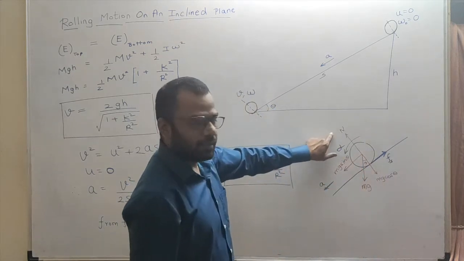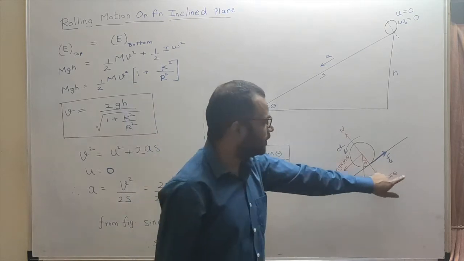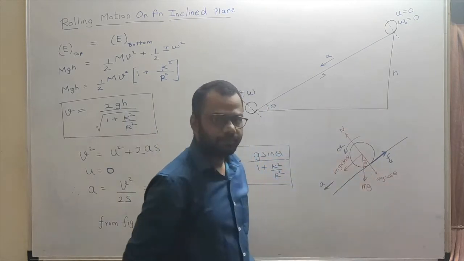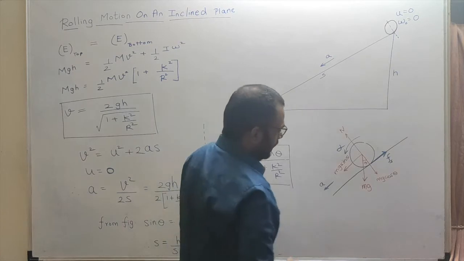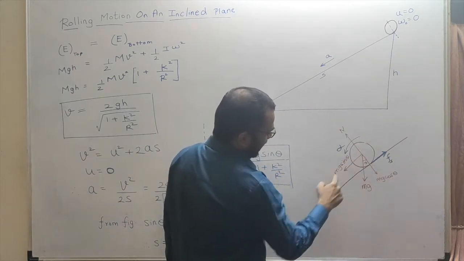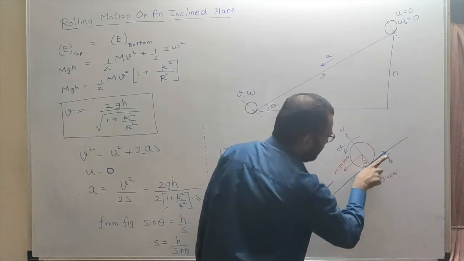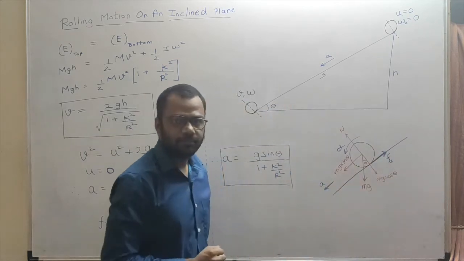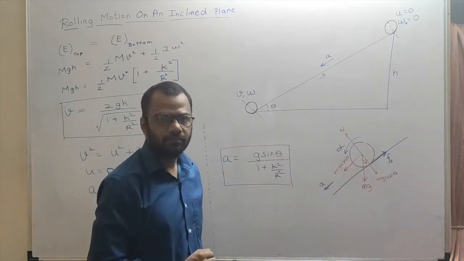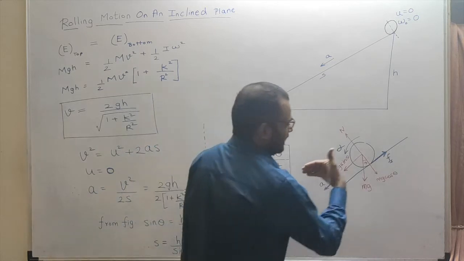The magnitude of N will be equal to mg cos theta, so they will cancel each other. So we are left with mg sin theta, and this is the frictional force that will act on this object, in this direction.